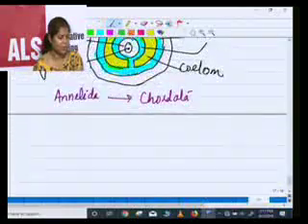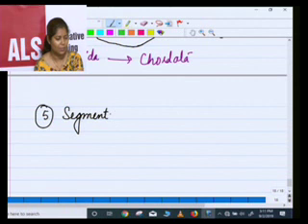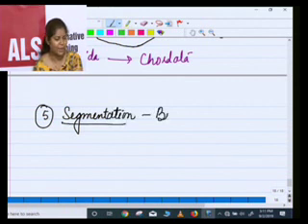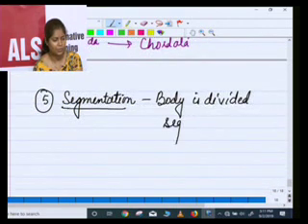Okay. So next is what? Next level of organization we will talk about is segmentation. Now segmentation is that the body is divided into metamers or segments.